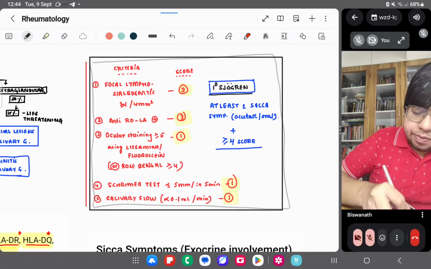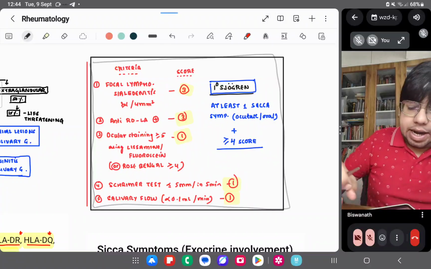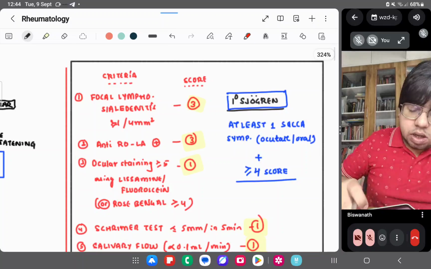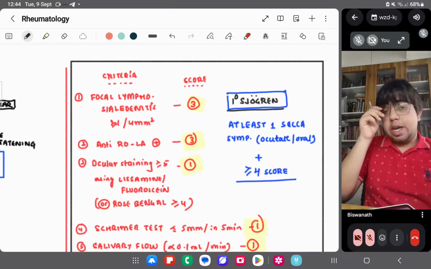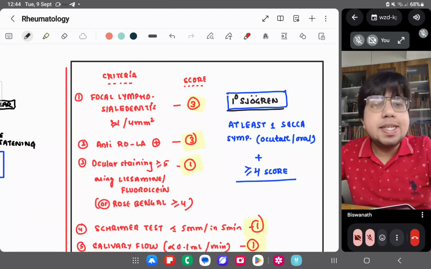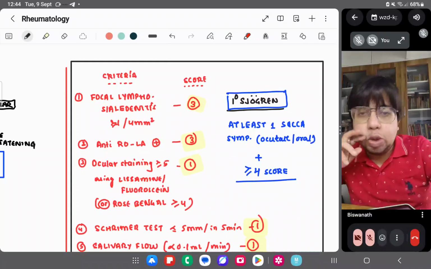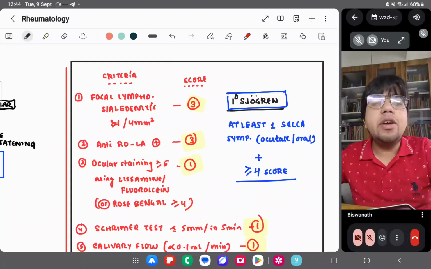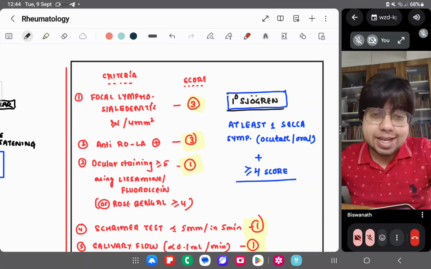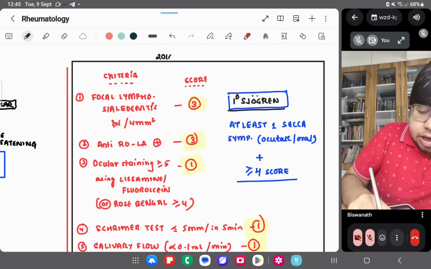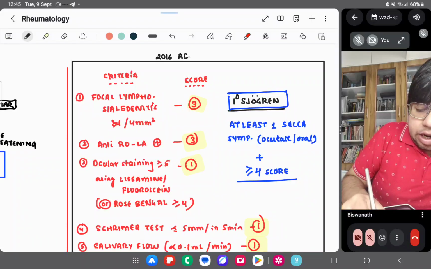This whole part is basically the criteria. This is the 2016 criteria, the American College of Rheumatology criteria, or the European League Against Rheumatism criteria for Sjogren's.